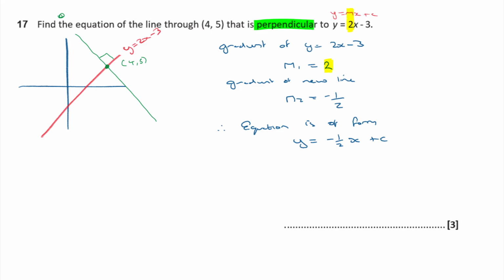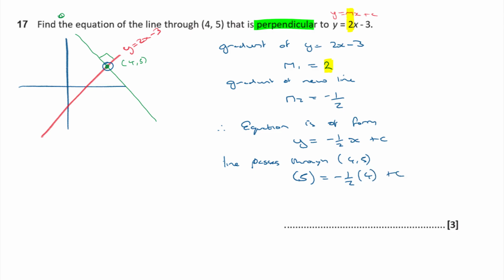Okay, do I know any points that it goes through? Yes, I do. It goes through that point there. So I know that the line passes through 4, 5. So I can sub those values into the equation, and then the only thing I won't know there is c, and then I can find out what c is. So subbing in, y is 5. So 5 equals minus a half lots of x, which is 4, plus c.